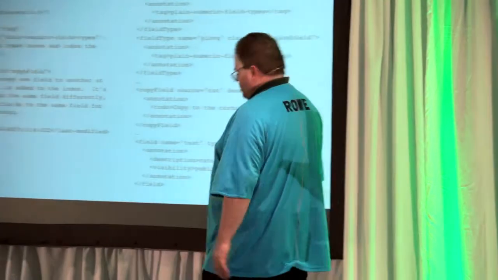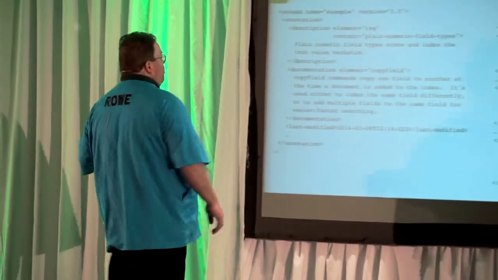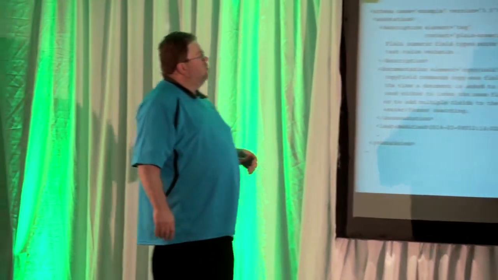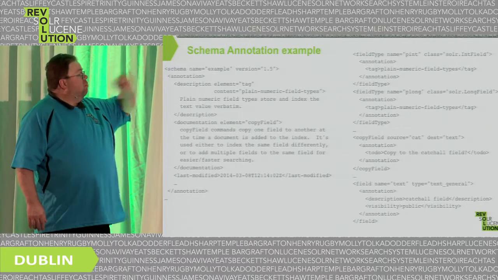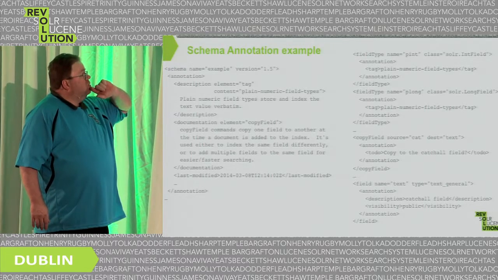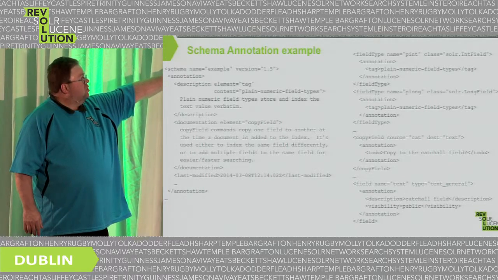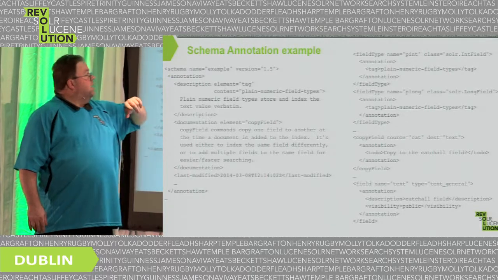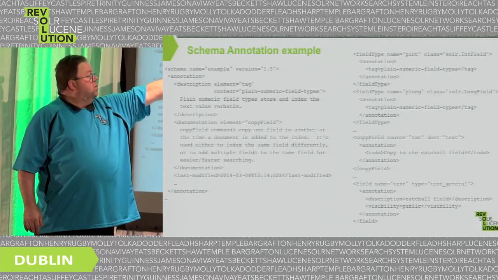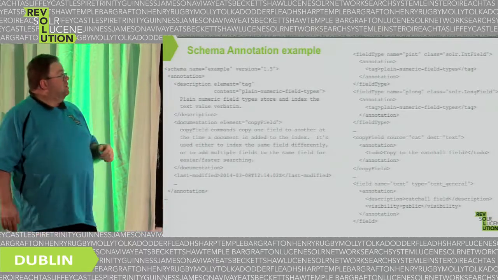So this is just an example of the sort of thing I'm thinking of for annotations at the top level. So at the top level, a description for an annotation called tag that has this name, plain numeric field types.